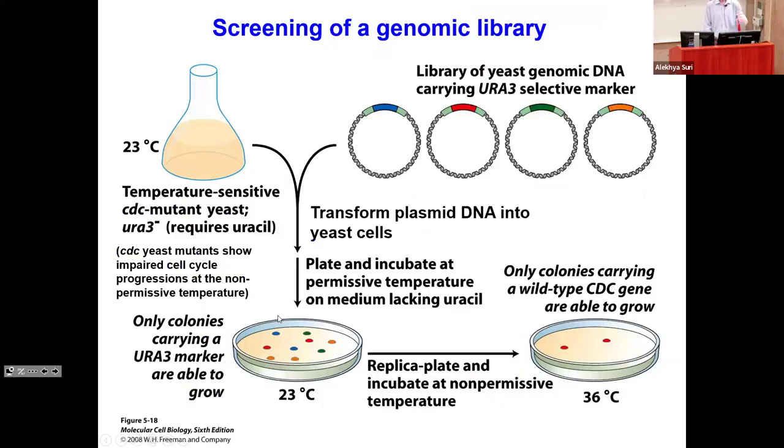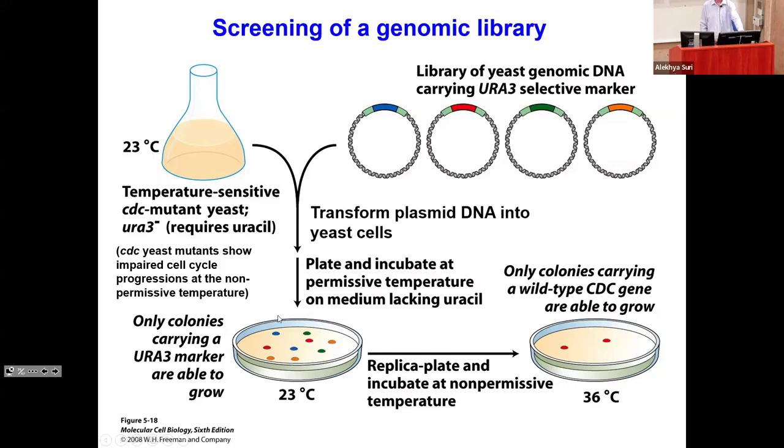So, coming back to the temperature sensitive mutant, you would transform, it's called transformation, you would introduce this collection of plasmids containing different DNA fragments into these yeast cells that can grow at room temperature, but not at high temperature.